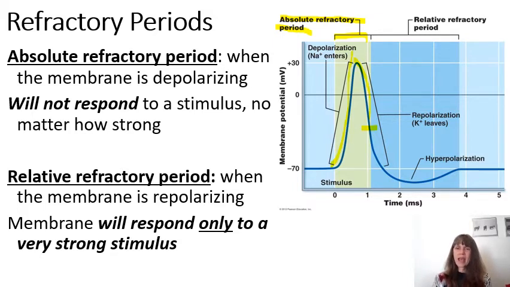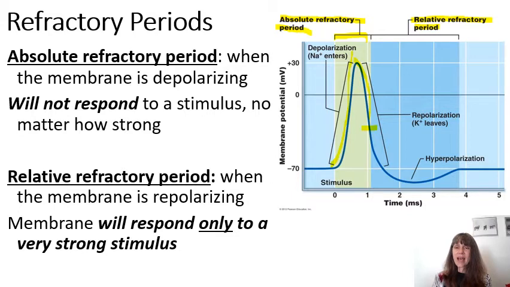However, after a certain point during repolarization has been reached, depending on the strength of the stimulus, there may be a second or subsequent action potential generated during this period of time called the relative refractory period.